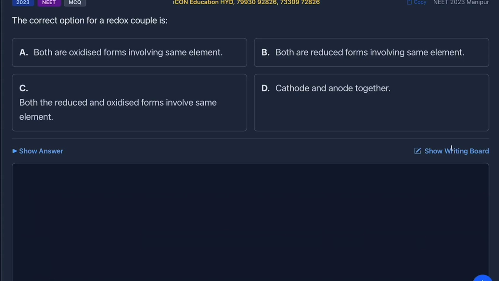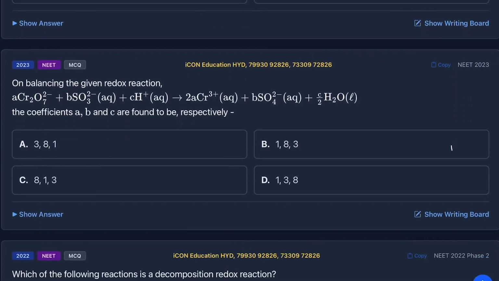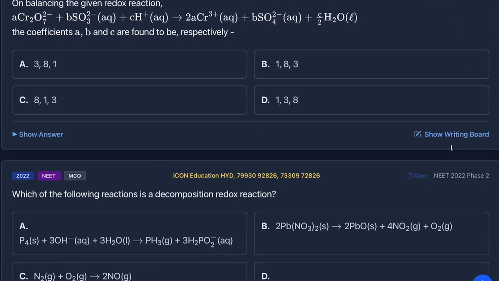Next, if we move towards the next question: on balancing the given redox reaction, the coefficients A, B, C are found to be.